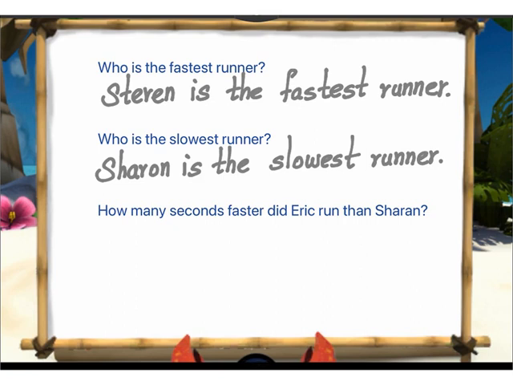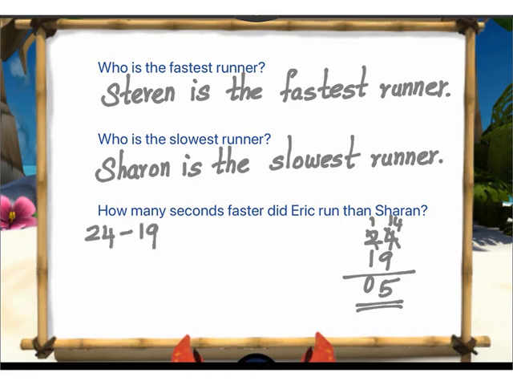How many seconds faster did Eric run than Sharon? We can subtract Eric's time from Sharon's time to find how much faster Eric ran than Sharon. The value of Eric is 19 and Sharon is 24. So bigger number minus smaller number. 4 will become 14 and this will become 1 and 5. And 1 minus 1 is 0.